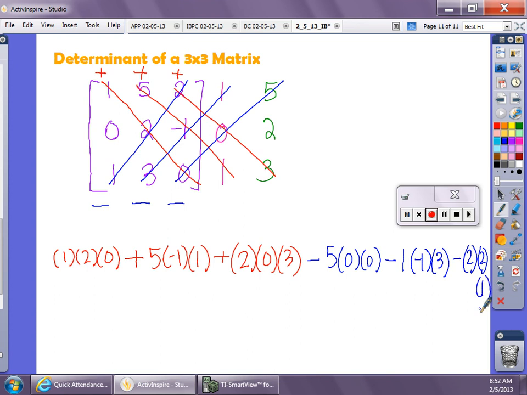It's kind of a long process, but the mathematics behind it is pretty easy. And the zeros in there make it a lot nicer. So 0 minus 5 plus 0 minus 0 plus 3 minus 4. That's nice. Negative 1, negative 6, I believe.